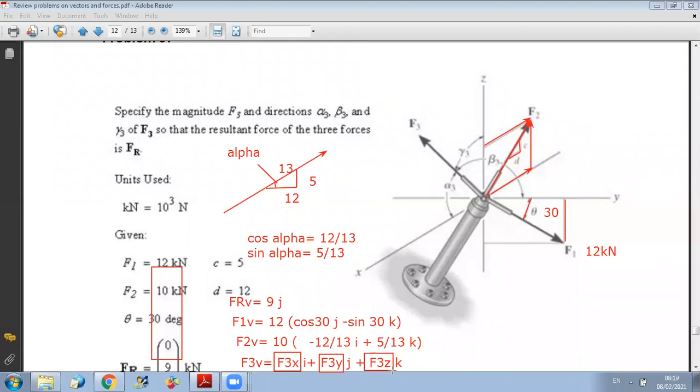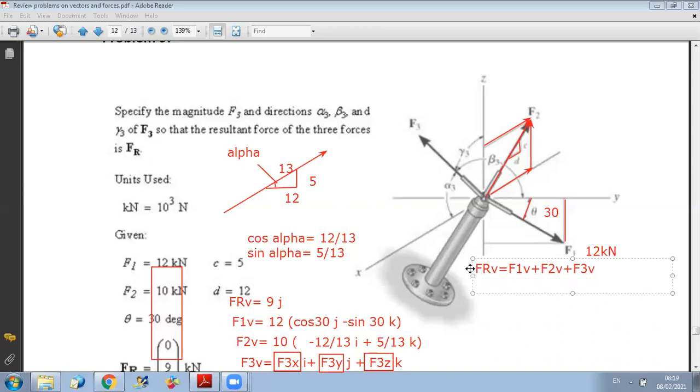To be able to find these three unknowns, I need to write a set of equations. I will start from my vectorial relation. What is the vectorial relation which will allow me to solve this problem? It is that the FR vector is equal to the F1 vector plus the F2 vector plus the F3 vector.